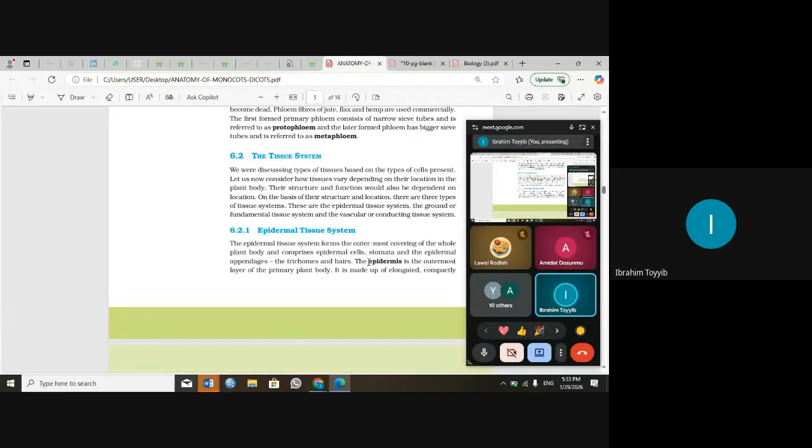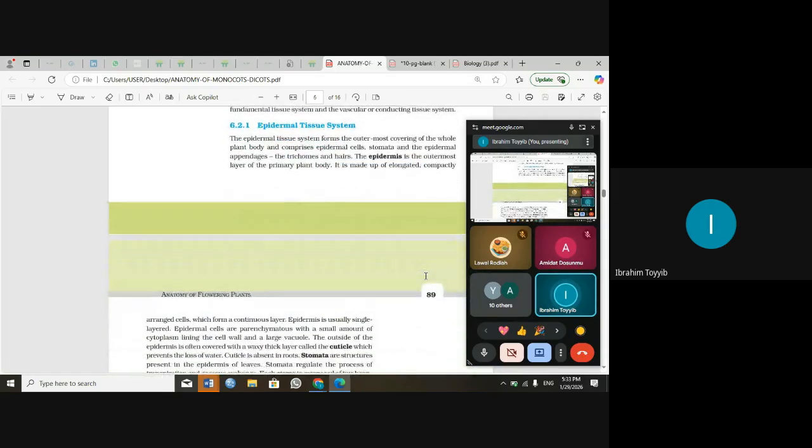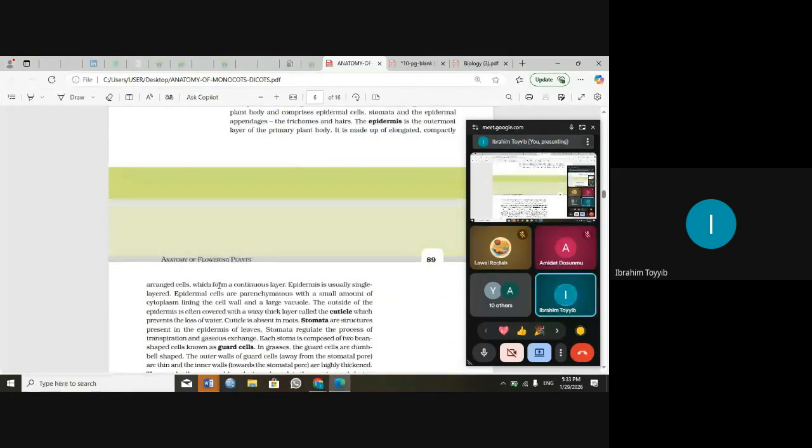The epidermis is the outermost layer of the plant body. It is made up of elongated, compactly arranged cells. For example, we can have sclerenchyma tissue in the epidermis, because it gives support and rigidity to the plant.